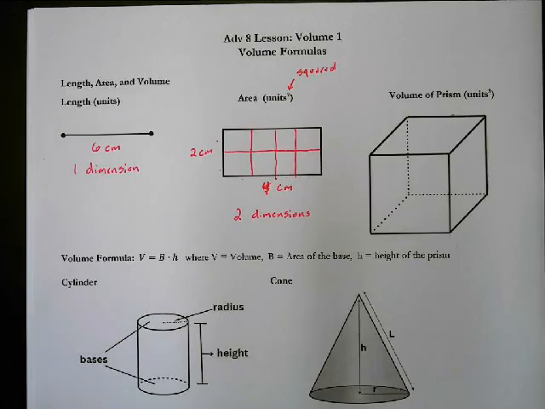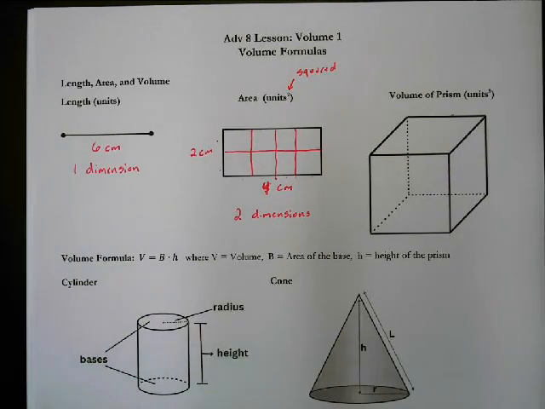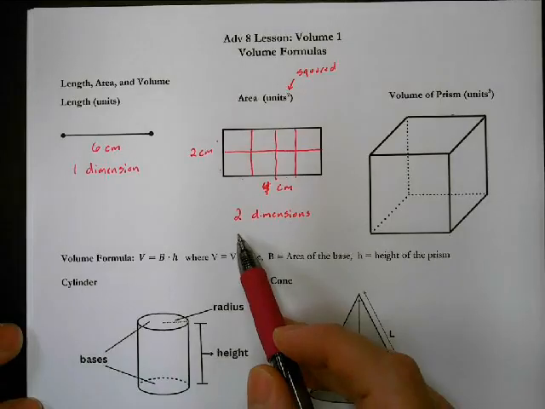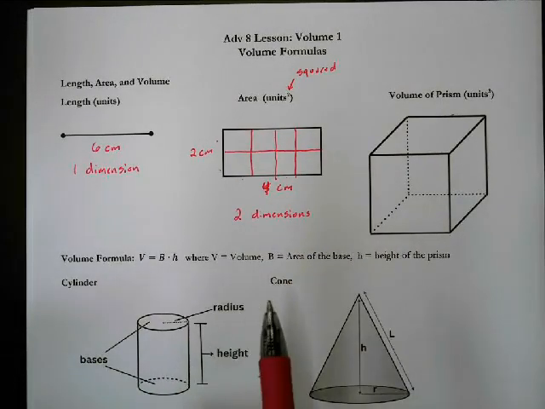So with area, we're counting how many squares will fit into the shape. When we say it's units squared, we're literally talking about squares. How many 1 by 1 unit squares are going to fit into the shape? Because we're talking about two dimensions, length times width. So area is always talking about how many squares fit in a shape.